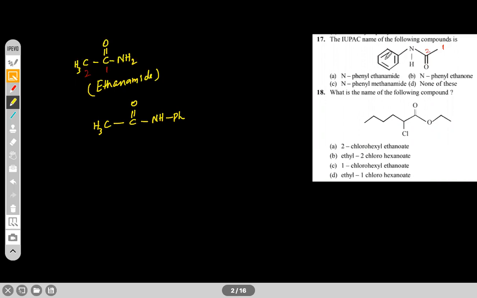So we can say phenyl is attached with nitrogen, so N-phenyl ethanamide. The name of this compound is N-phenyl ethanamide. Hence the answer for this question is option A, N-phenyl ethanamide.